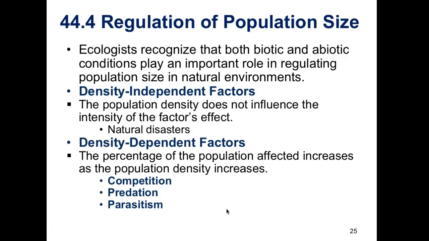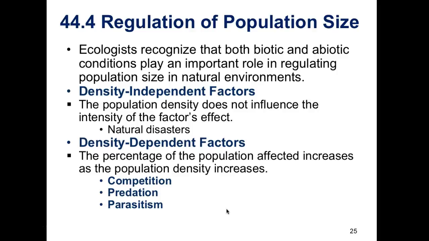Density-dependent factors, ultimately, are those where the percentage of the population affected increases as the population density increases. We see this with disease, competition, predation, parasitism. So the more members of the population within a given area, the greater the chance you have for the spread of disease, things that are going to affect the population, especially a disease that is communicable.